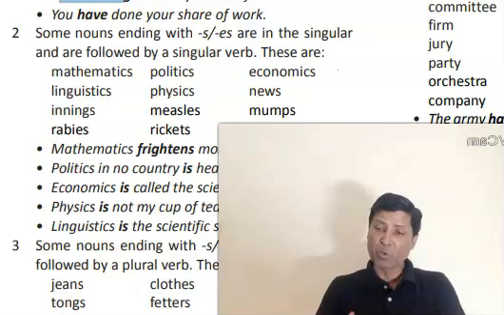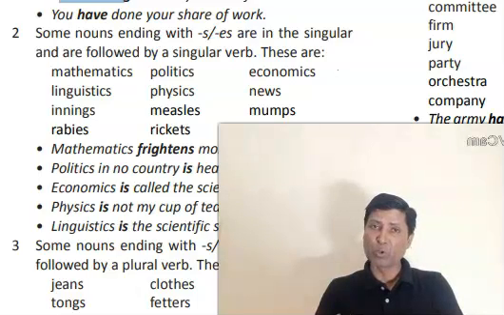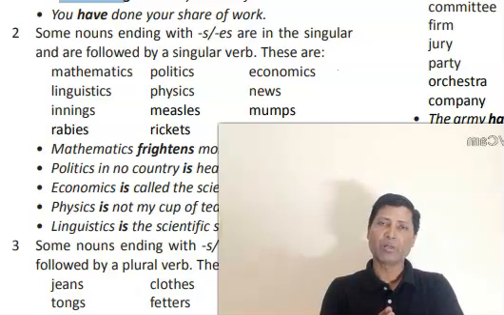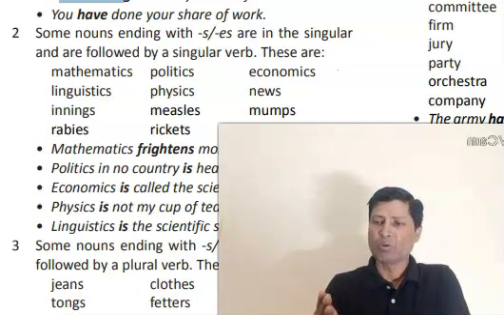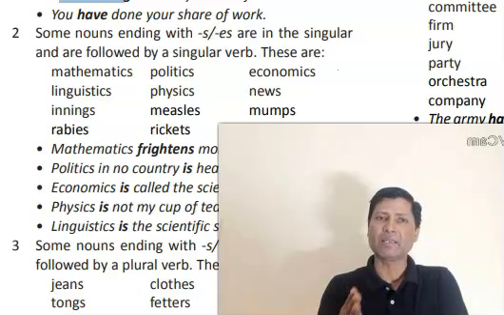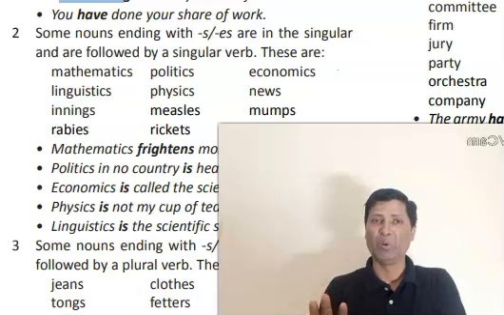So normally when you work on grammar, your noun rule says that in order to make a noun plural, you have to use S or ES normally. So a child's concept will be that wherever S or ES is attached to a noun, that noun is plural. No. These nouns, though they are ending with S or ES, are singular in number.